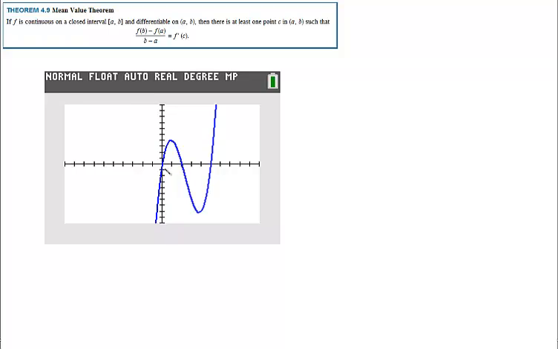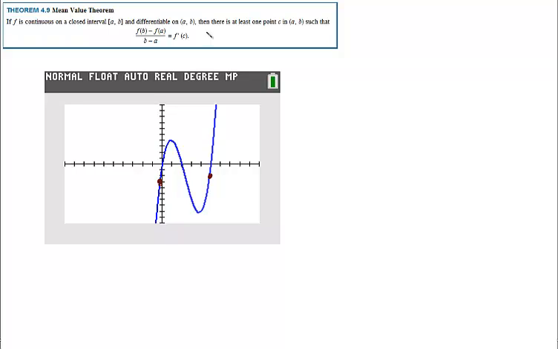Do I have any restrictions? Nope, I don't have any restrictions on f of a and f of b this time, so I can just pick wherever I want. I'll pick right here to be a, and right here to be b.